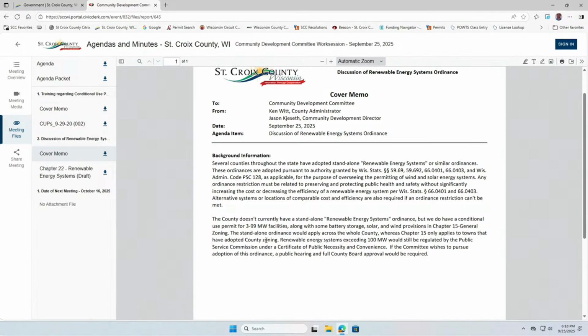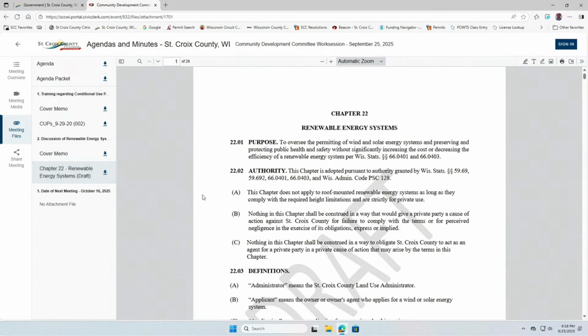So good or bad, it would be applied very similar to our land division ordinance, which applies countywide. It would not apply within the incorporated areas though, because the cities and the villages have their own home rule authority there. So I'm going to jump into the document.